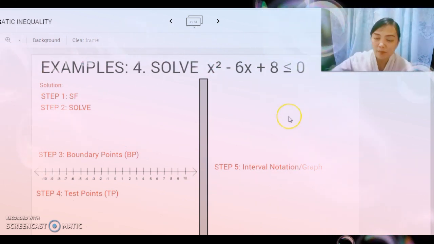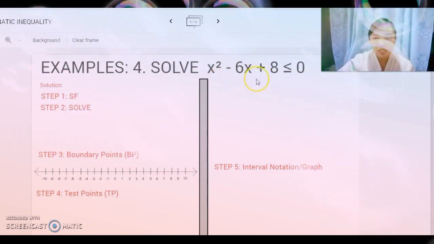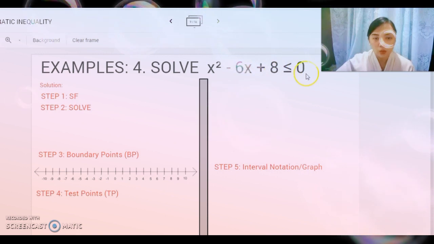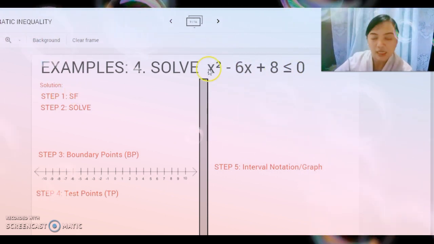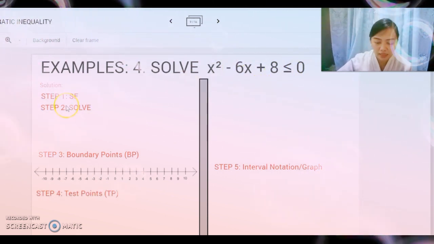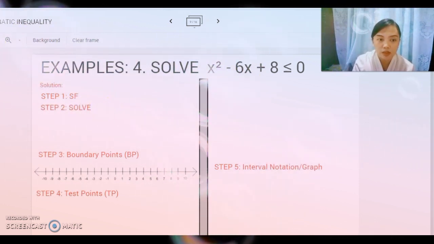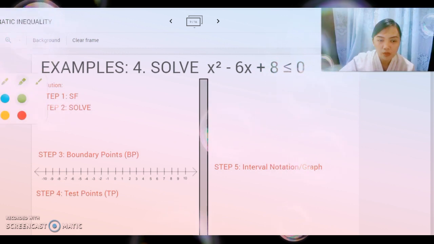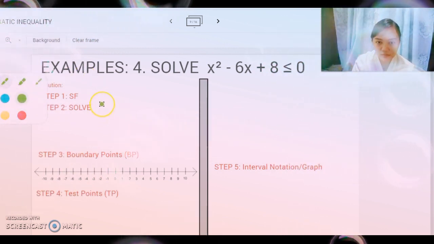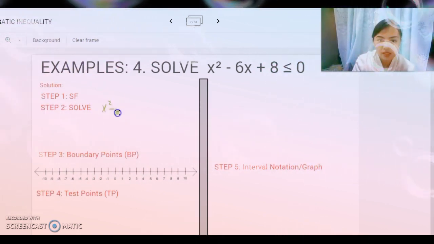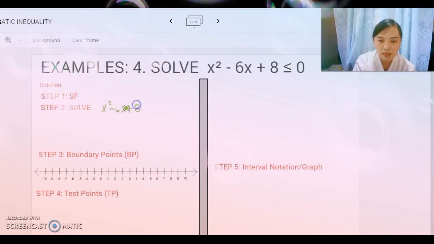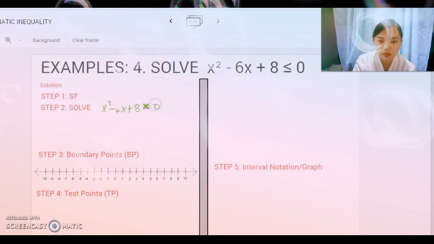So, for our last example, we have solve x squared minus 6x plus 8 is less than or equal to 0. So, first step is, naka-standard form na siya. Yes. Next is to solve it by rewriting it into quadratic equation. So, we have x squared minus 6x plus 8 is equal to 0. Then, we factor it.